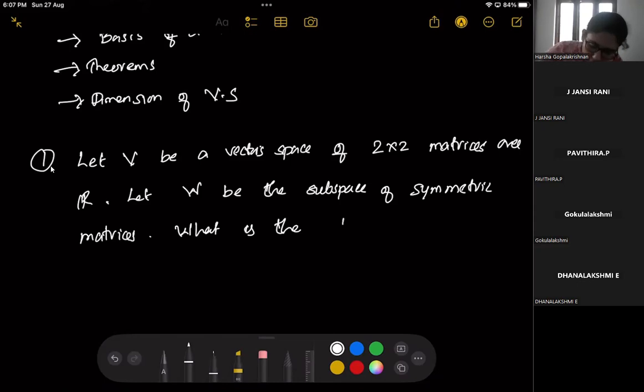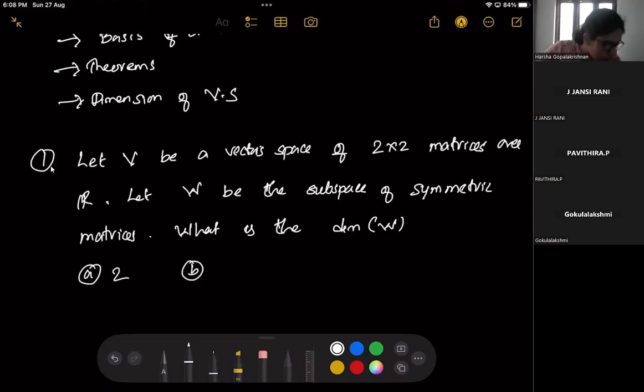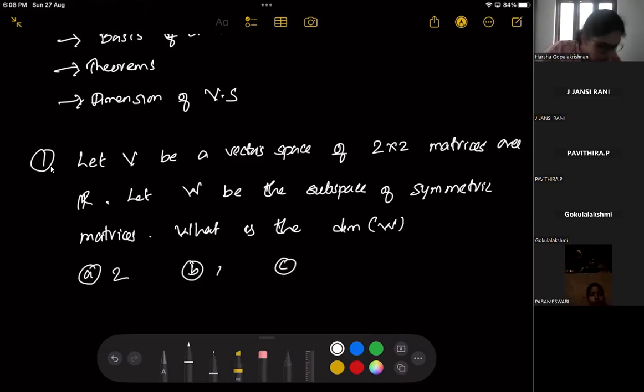The question is to find the dimension of W. The options are 2, 1, 3, and 4. So given the vector space V of all 2 by 2 matrices, W is a subspace of V which contains all the symmetric matrices.